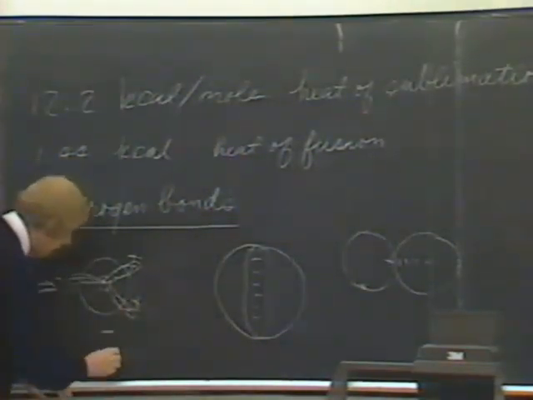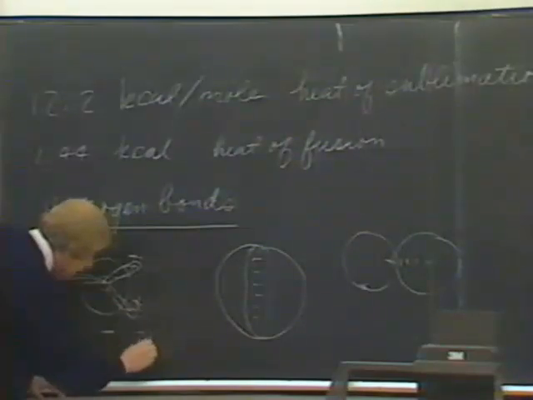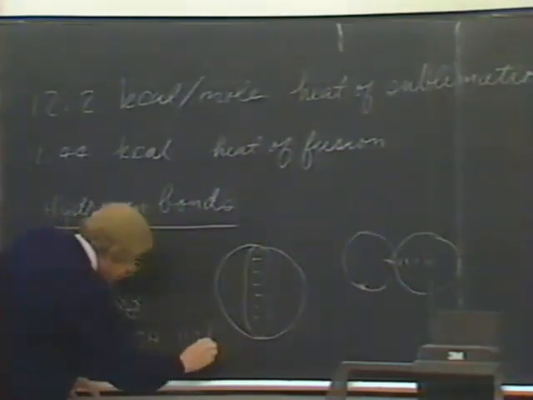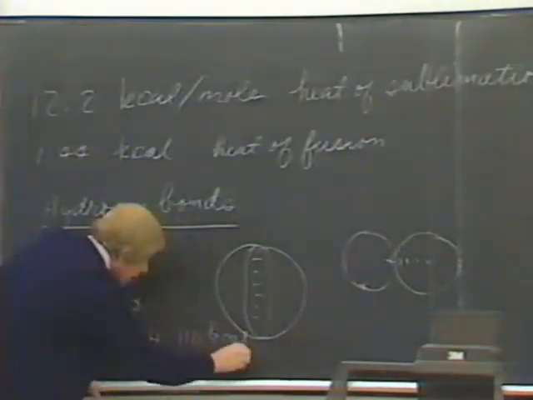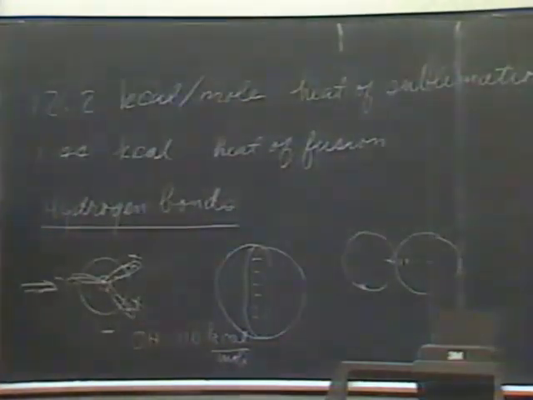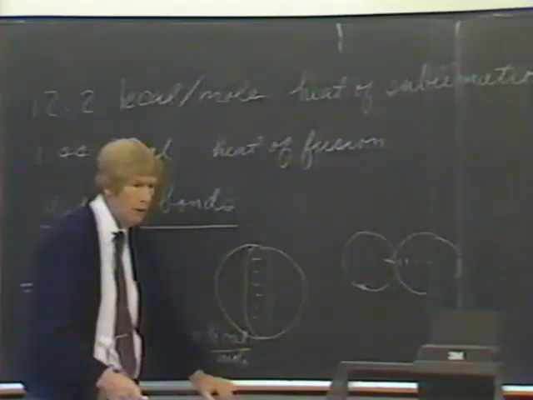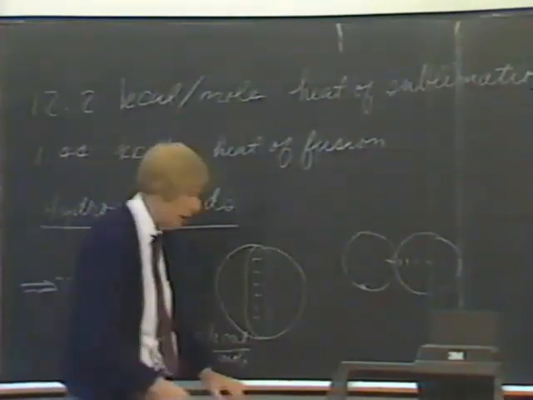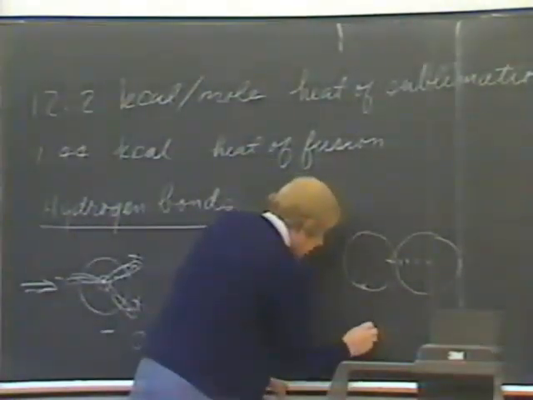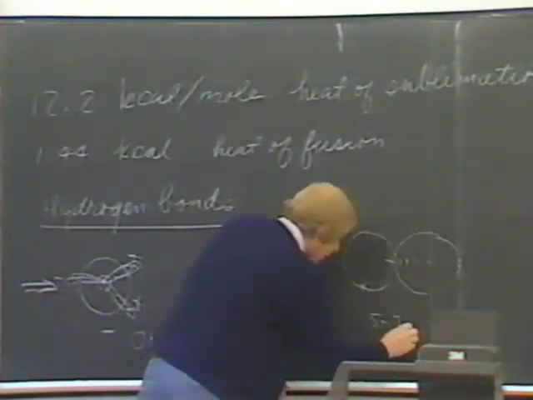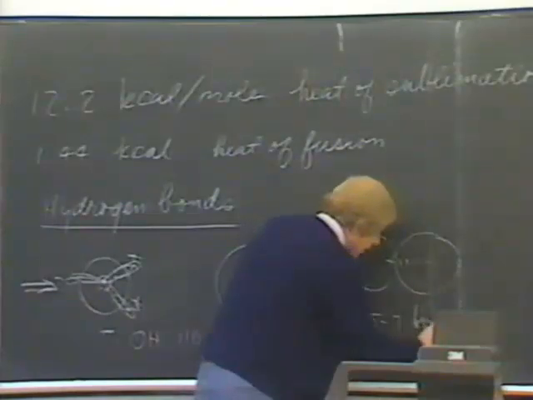I'll say, you'll read different amounts, 5 to 7 kilocalories per mole. So a hydrogen bond is very much weaker than a covalent bond. You don't easily separate the hydrogen atoms from the water molecule itself, but you can separate water molecules with about 1/20th or 1/15th of the energy that it takes to separate a covalent bond.